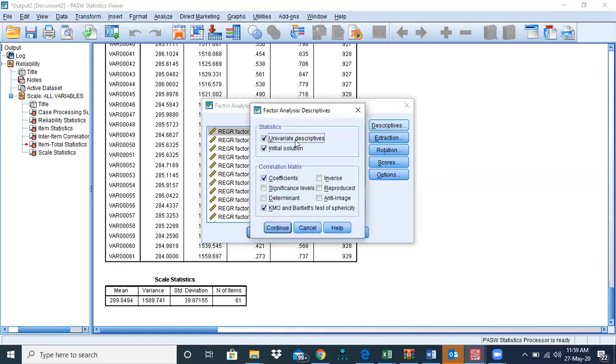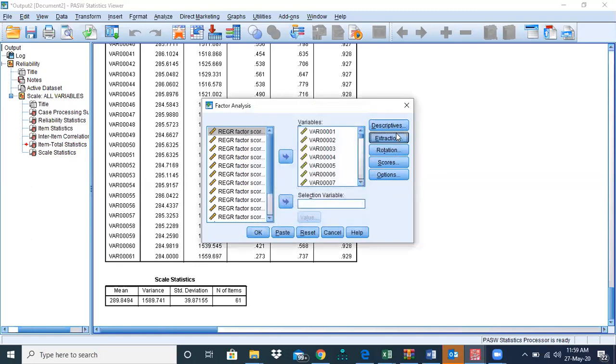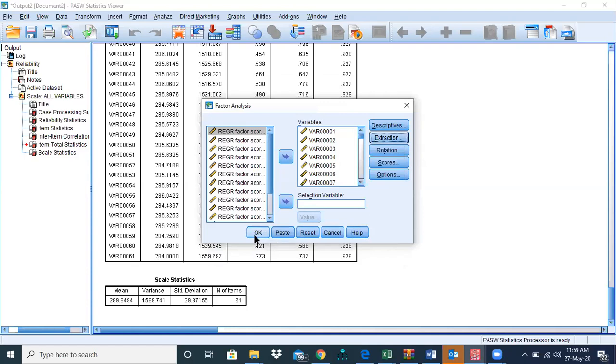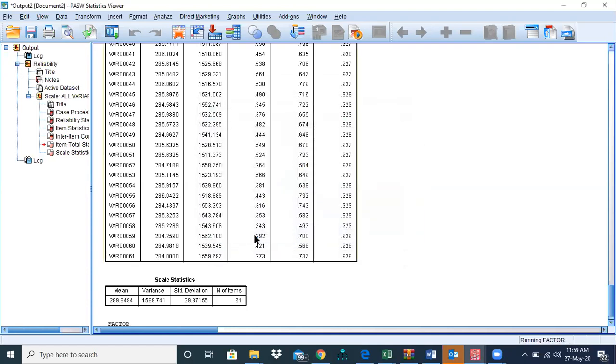Descriptives, as I've already told, are univariate descriptives, initial solution, coefficients, and the KMO and Bartlett's test. I'm repeating it because I forgot to share the screen earlier. Principal axis factoring and maximum iterations to be 100. Then we'll click OK.